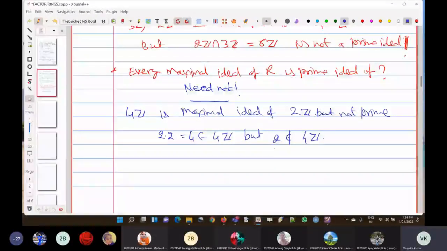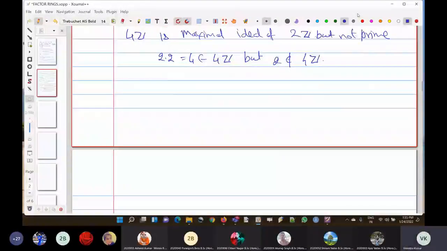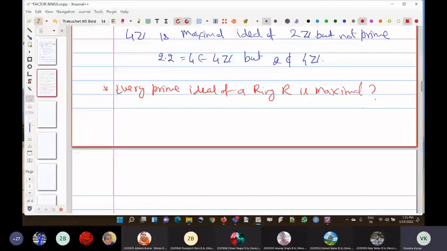Next, another result, the converse part of this: is every prime ideal of a ring R maximal? This is the question. The answer is need not.